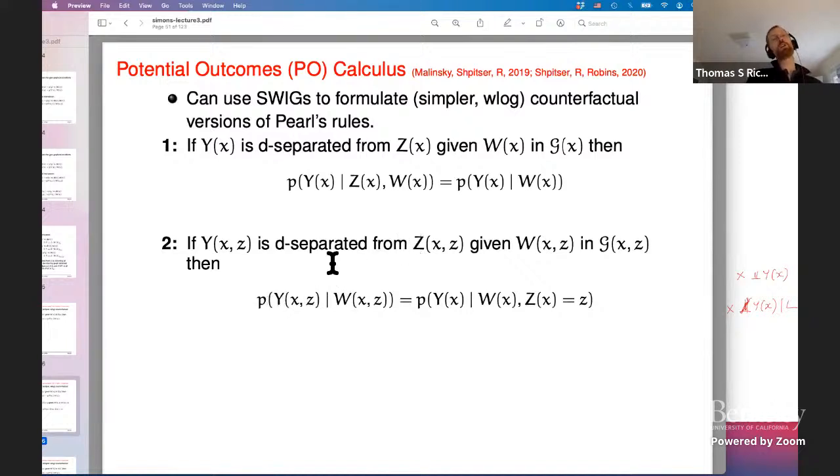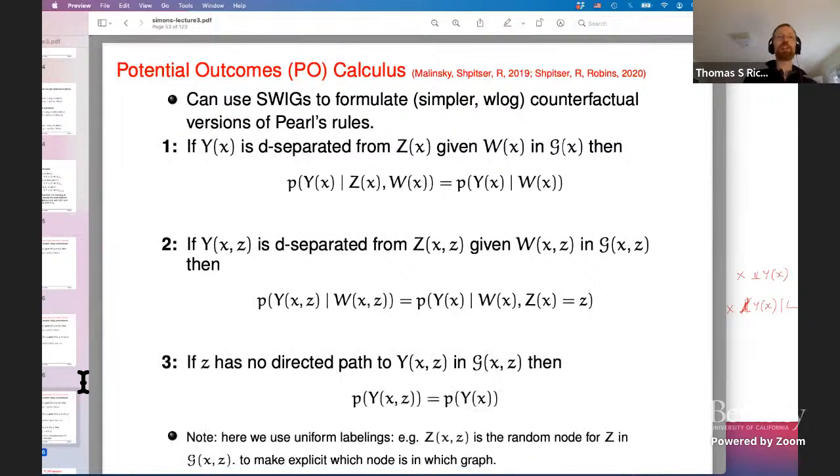Okay, and just as an aside, you could also derive this from the first rule and consistency. If you're a counterfactualist and are familiar with consistency, then you can read this off. You can also think about this as an instance of ignorability plus consistency.